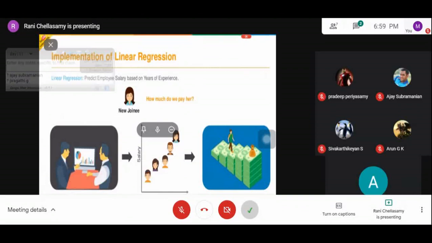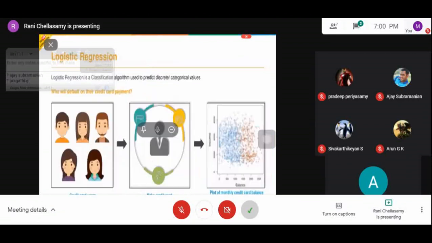Here you can plot the years of experience against the salary, so based on the experience, the salary can be given. The employee salary data depends on the years of experience, so you predict the salary based on the experience. So this is all about linear regression.